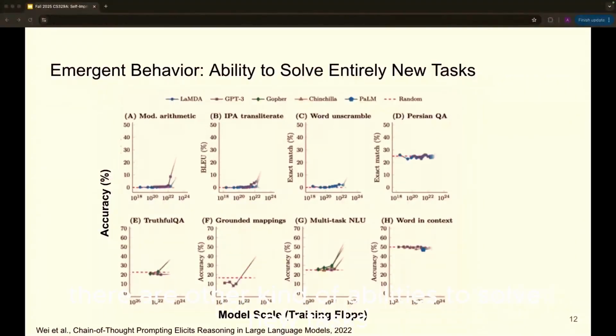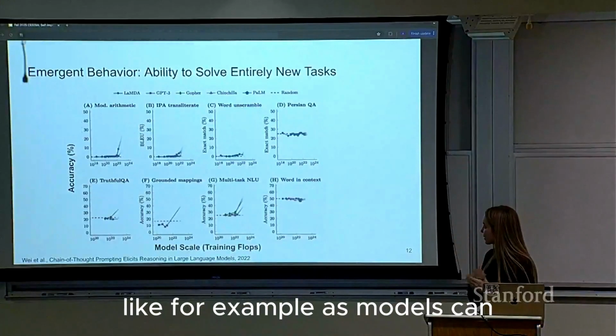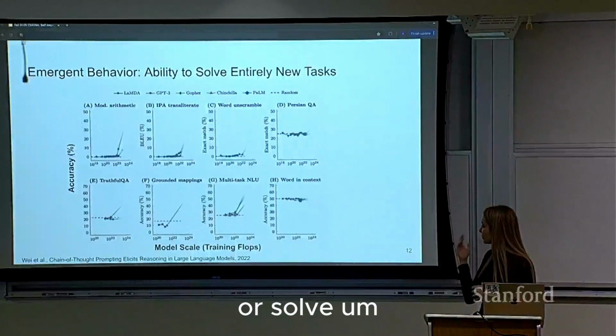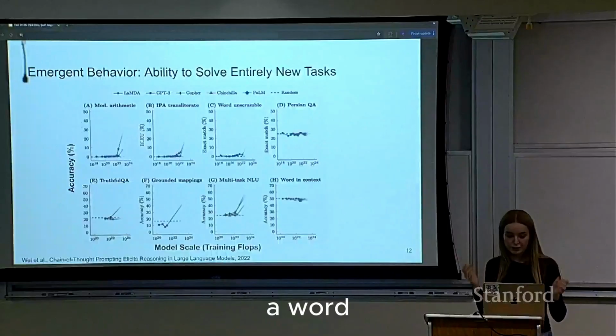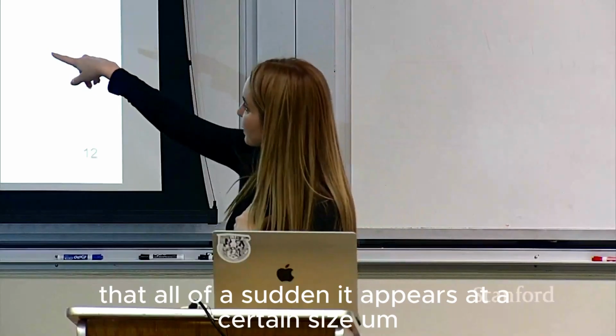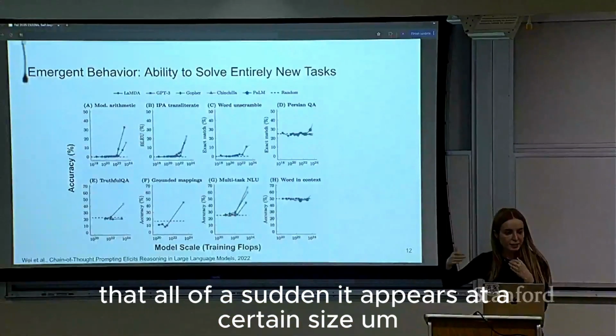And not only that, there are other abilities to solve new tasks as we increase the size of the models. For example, models can all of a sudden solve modular arithmetic better or solve a word unscramble problem just by having this larger size. You see that all of a sudden it appears at a certain size.